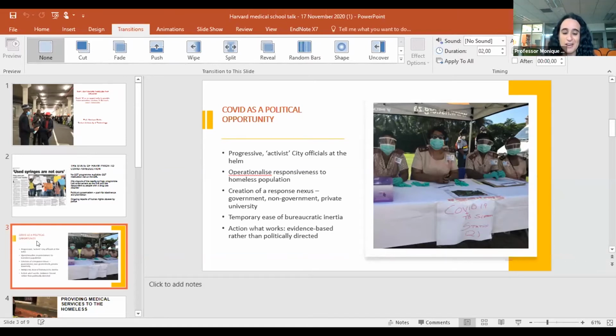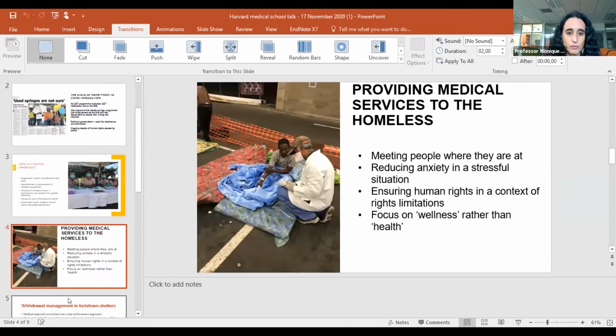There were also very logical reasons for this. The city did not want homeless people to be vectors of COVID, either from the general population or to the homeless community itself. So some of it was human rights based, but not all of it.